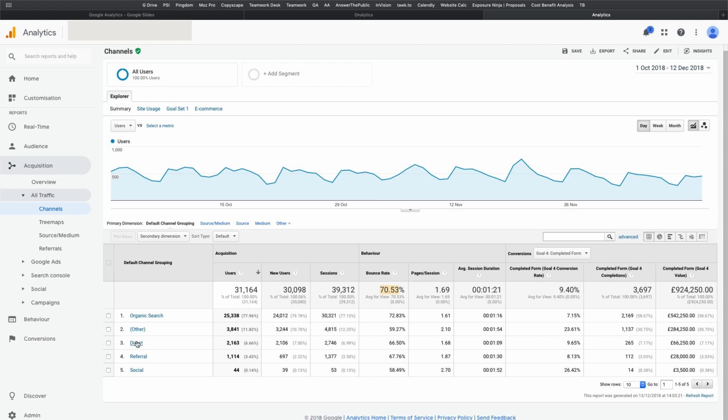Direct traffic is people coming directly to the site, or actually, to be more specific, direct traffic is traffic that Google can't attribute to any of these other channels. Direct traffic tends to be a combination of different things. Some of it is genuinely people typing in the website address.